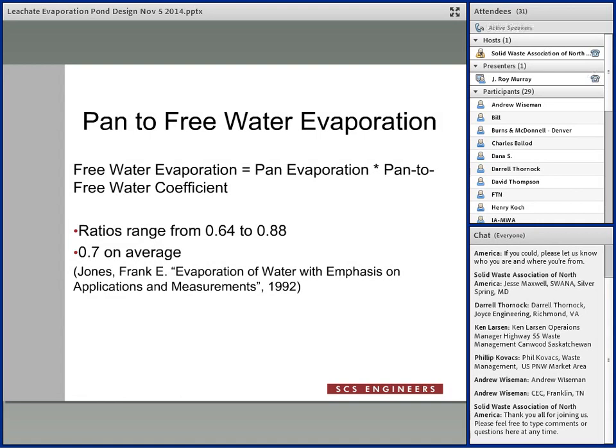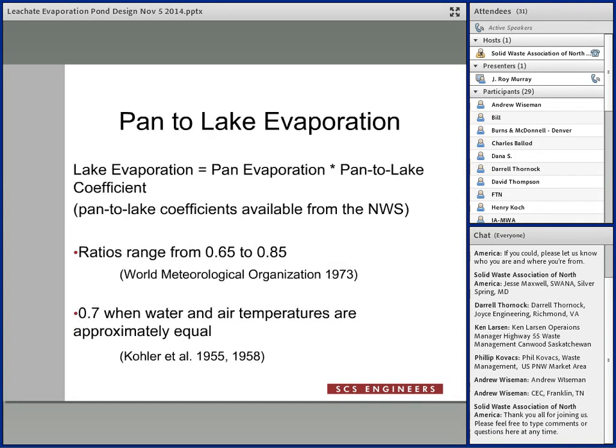Your ratios range from 0.64 to 0.88, but there's an average of 0.7, which happens to correspond to that earlier pan to lake evaporation of 0.7 when the air and water temperatures are approximately equal. And that's what you're very likely to see in a shallower pond like we're typically going to be talking about on these leachate evaporation ponds.